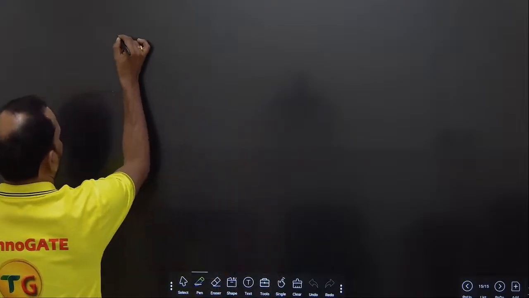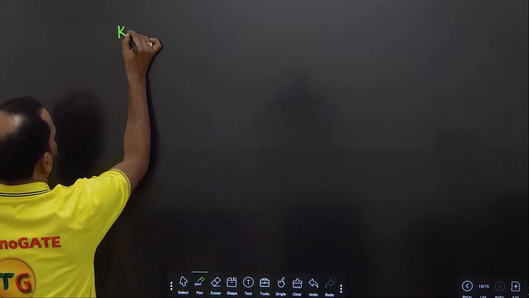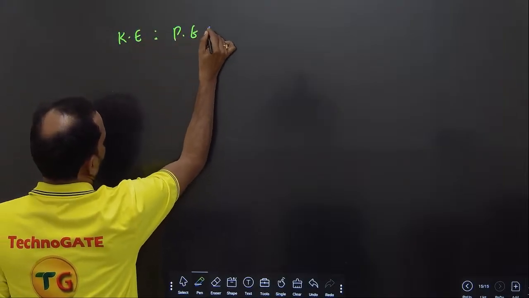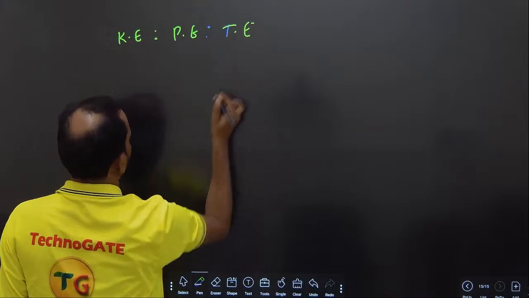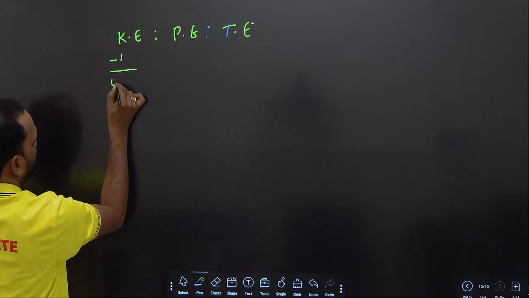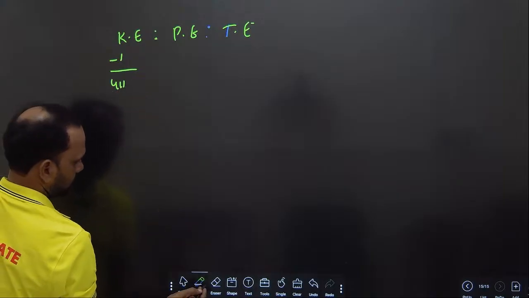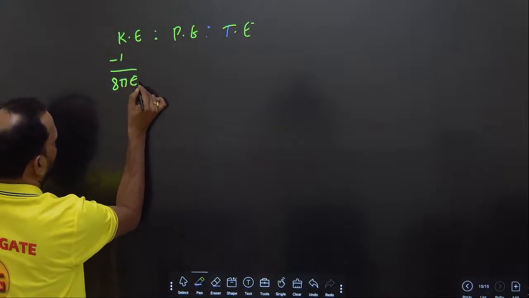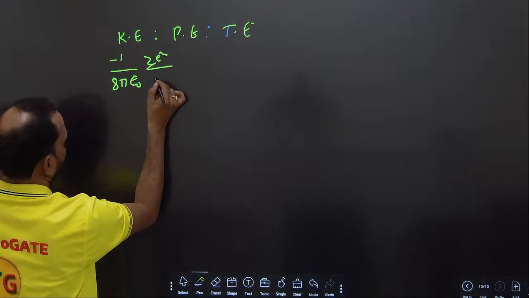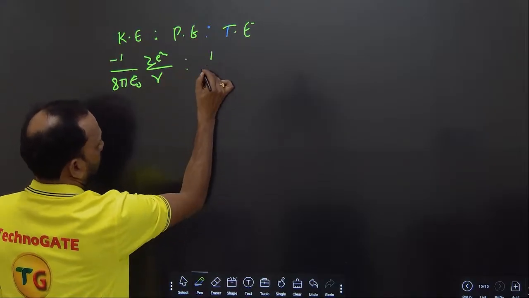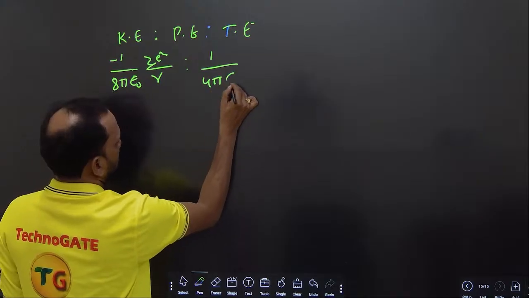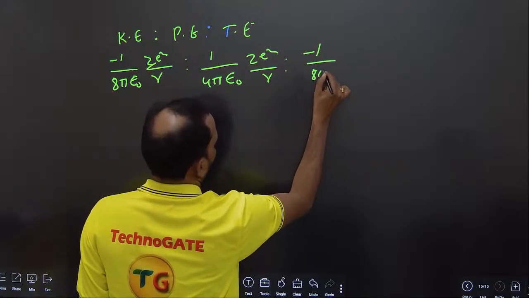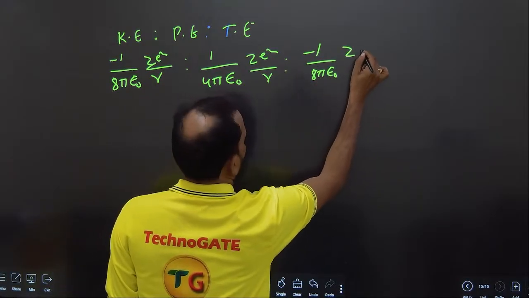The ratio of kinetic energy to potential energy to total energy: kinetic energy is 1 by 8 pi epsilon naught into Z e square by R, potential energy is minus 1 by 4 pi epsilon naught Z e square by R, and total energy is minus 1 by 8 pi epsilon naught Z e square by R.